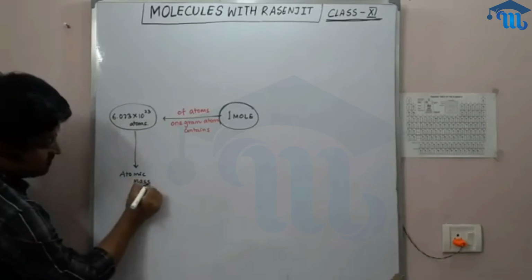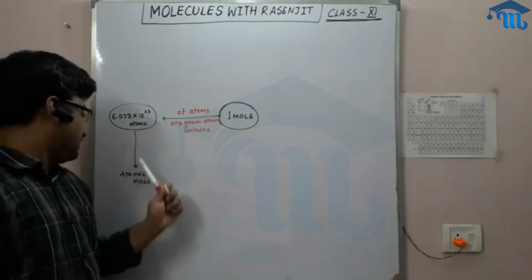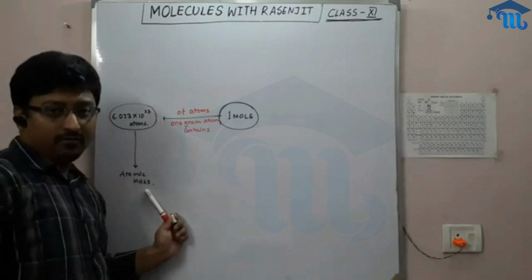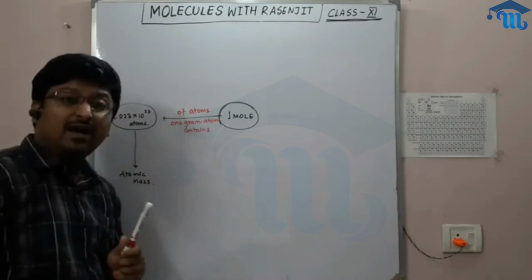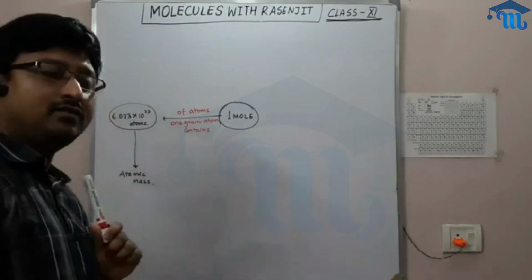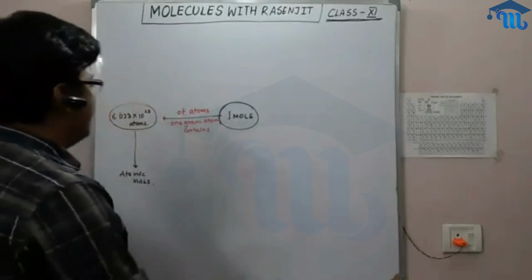That means 6.023 × 10^23 atoms is nothing but the atomic mass. As I said, 12 grams of carbon means 12 gram per mole, so 1 mole of carbon weighs 12 grams. Okay, next one.